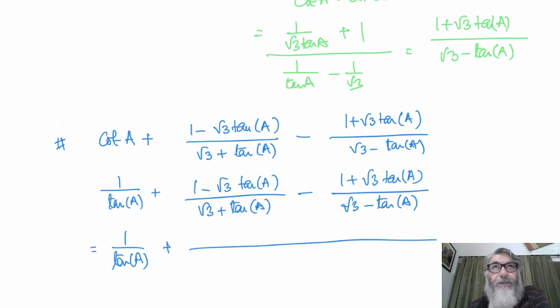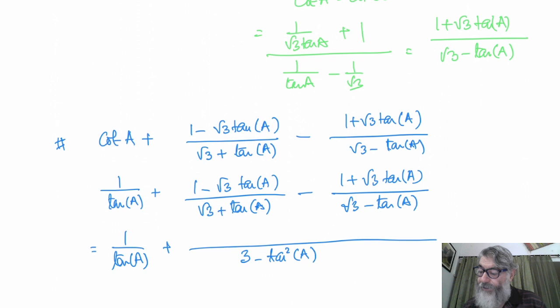So (A plus B)(A minus B) will be what? A square minus B square. It will become 3 minus tan square A. A square minus B square factors as (A plus B)(A minus B), and multiplying (A plus B) into (A minus B) gives you A square minus B square.